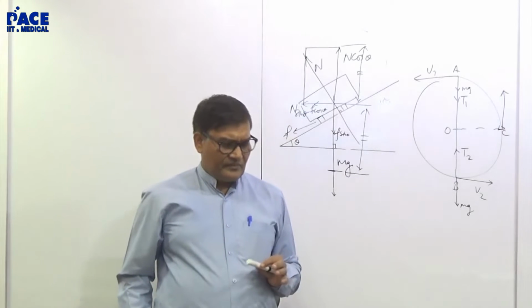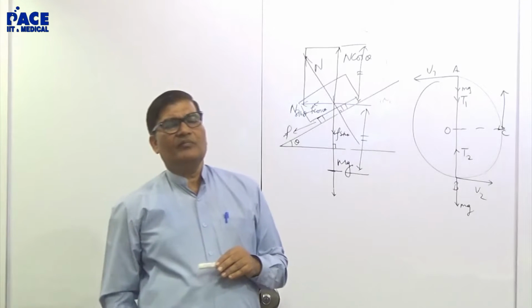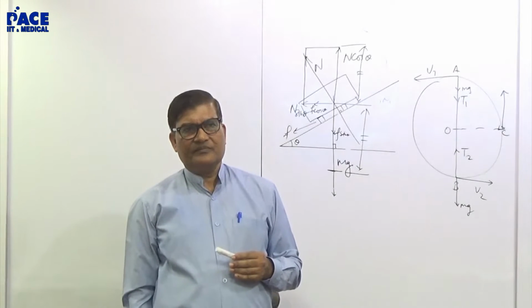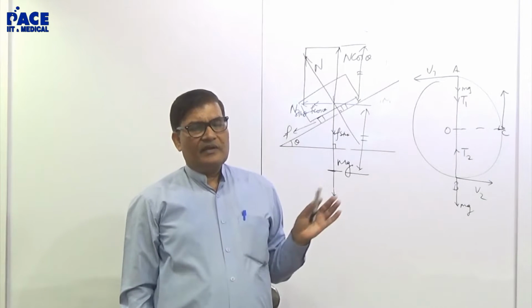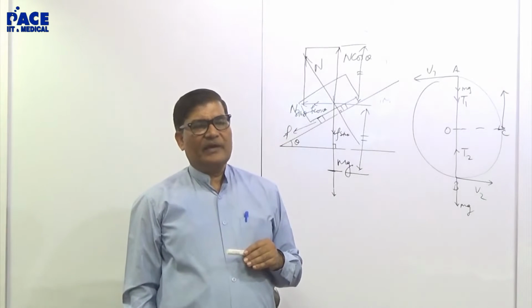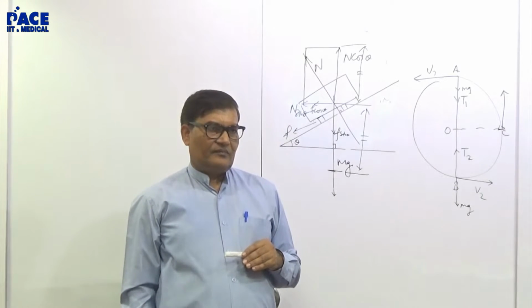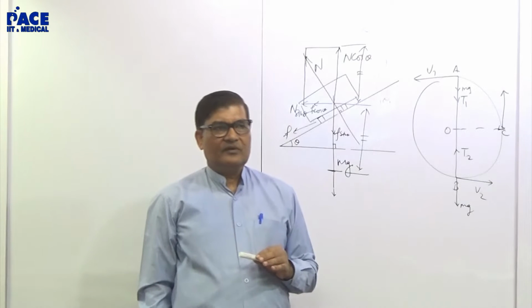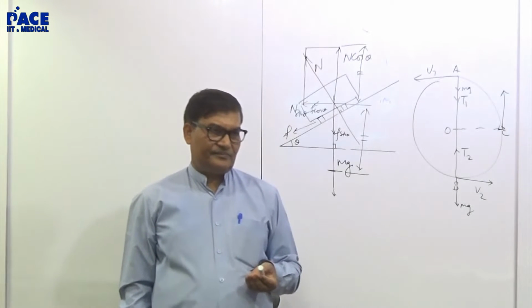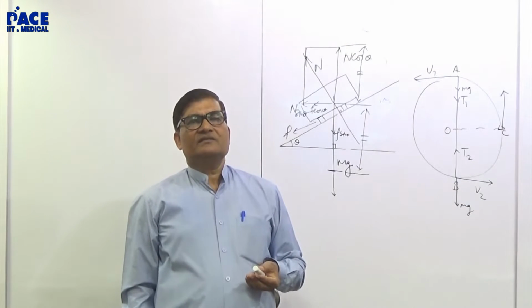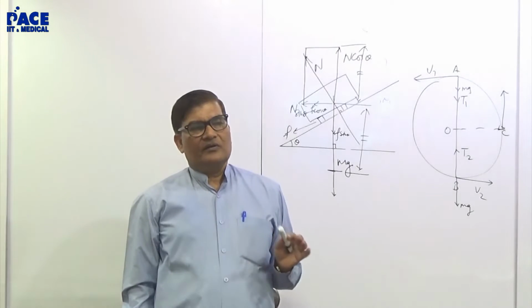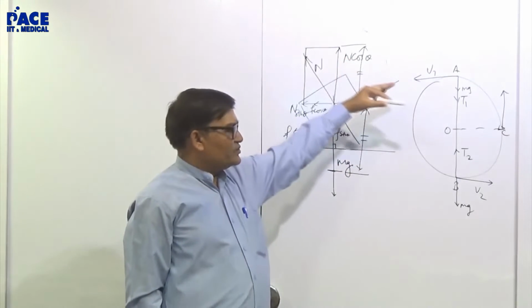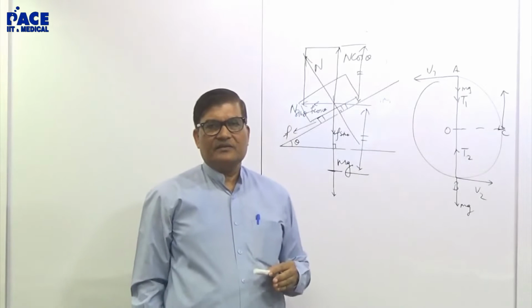Then they are asking small problems or relation between V and omega, or a small sum on vertical circular motion. They have asked the relation between the tensions in the two positions once.